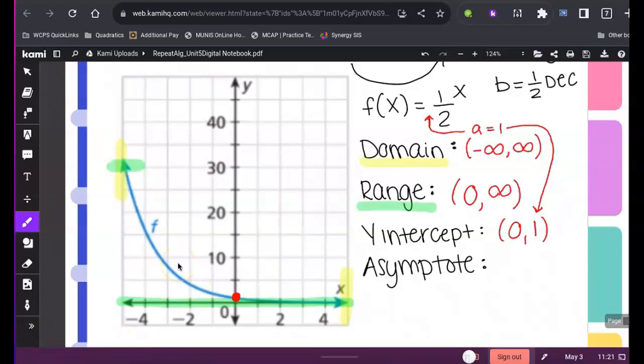And then the last one is the asymptote. So that's our line that our graph sits on top of. I'm going to change my color to green because this green line where my graph is never going below, that's my asymptote. So y equals 0 is our line that our graph sits on top of.